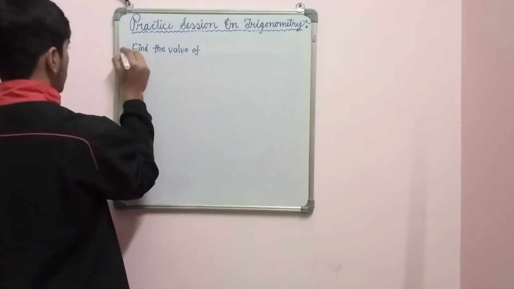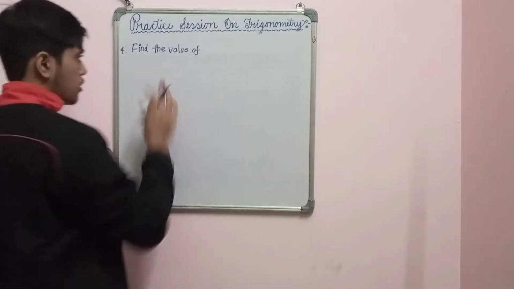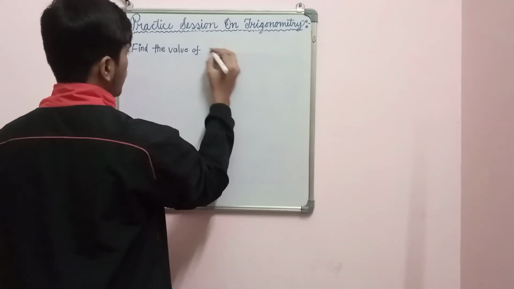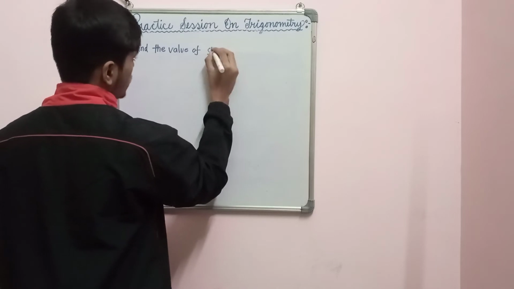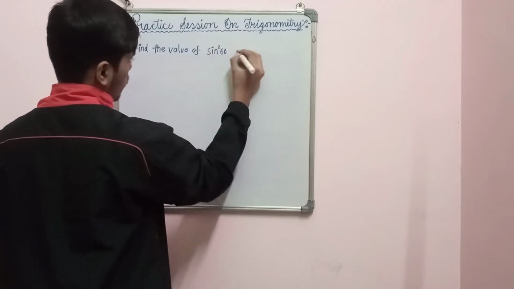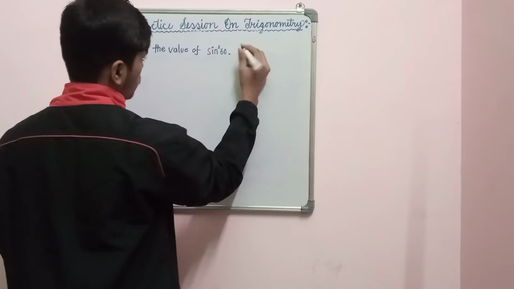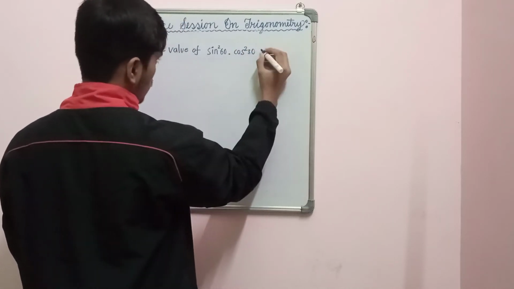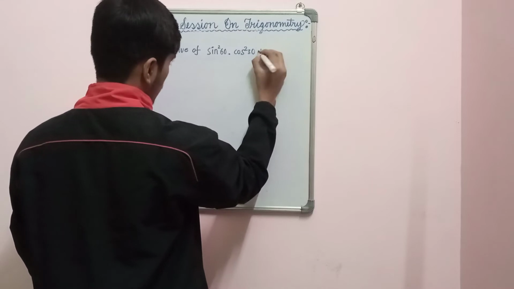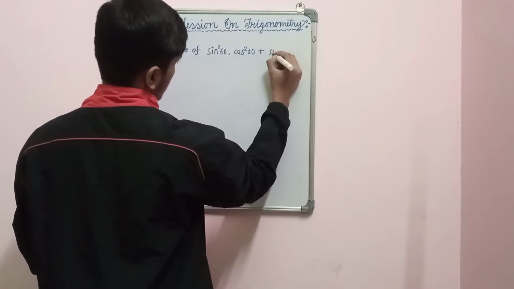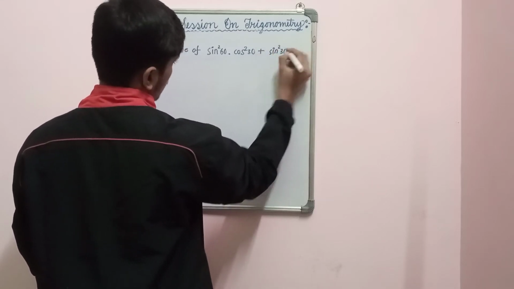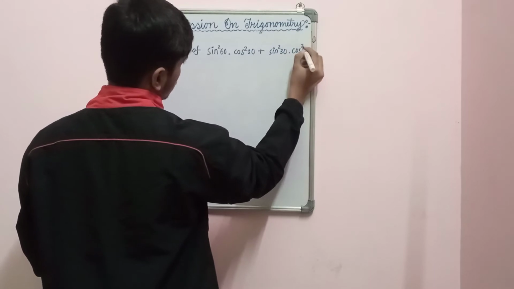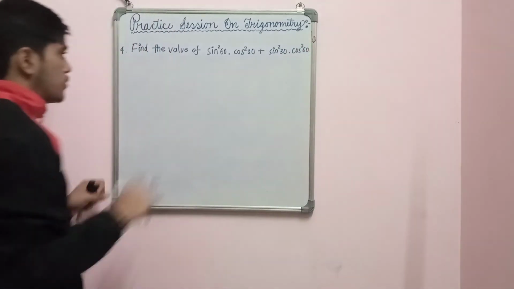This is the fourth question we are discussing. The first, the second, the third, and this was the fourth. Find the value of sine square 60 into cos square 30 plus sine square 30 and cos square 60. Okay, let us solve this one.